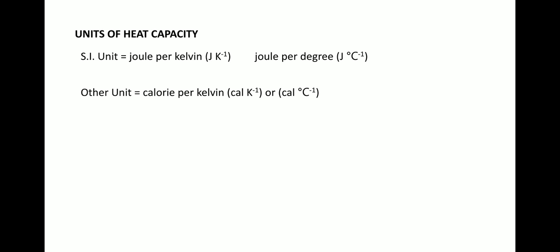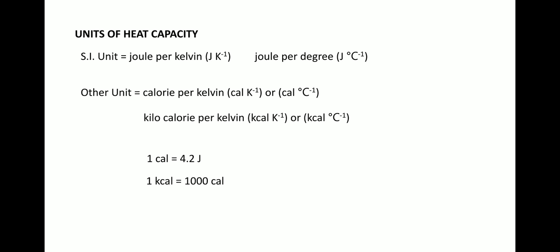Other units that are used are calorie per Kelvin or calorie per degree Celsius. Also we can use kilocalorie per Kelvin or kilocalorie per degree Celsius. Here you should remember that 1 calorie is equal to 4.2 joule and 1 kilocalorie is equal to 1000 calories.